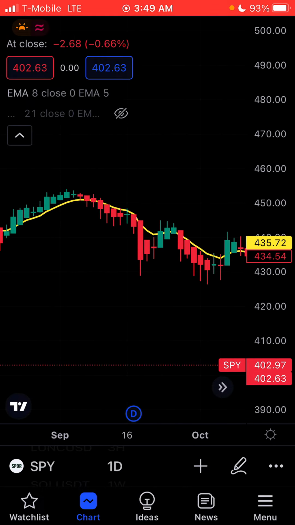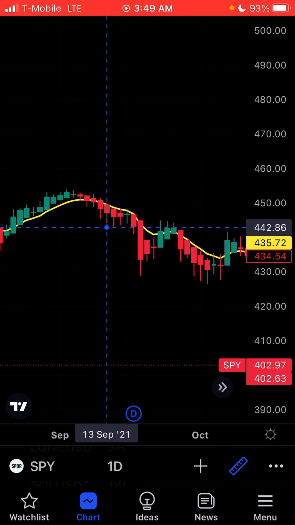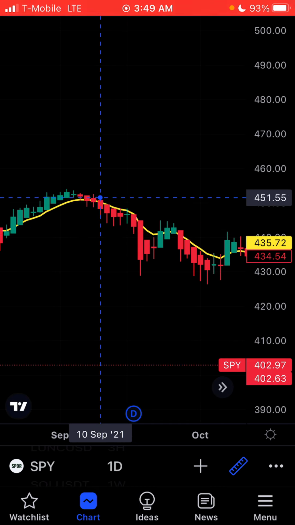Let's say you wanted to base it off of this one right here. So you see the red candle going down. It's going down through the 8 MA. So right here you would put in a put.